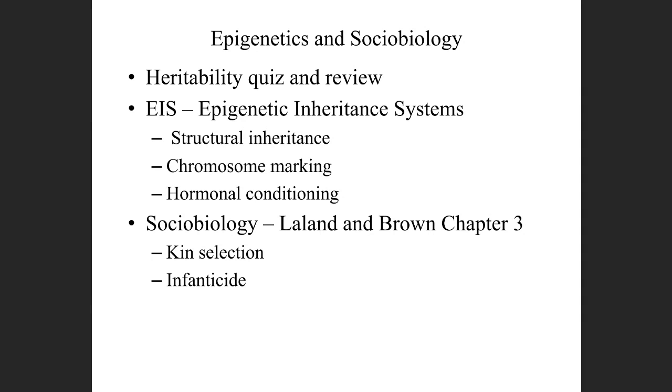Because one theme that we're going to be developing throughout this course is that animals and plants cooperate almost exclusively with close relatives. Humans are very different than non-human animals in that we cooperate on very large scales with complete strangers. But we're going to talk about basically nepotism in the animal world.